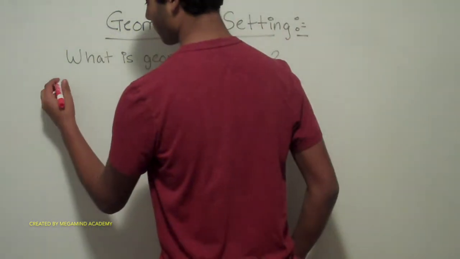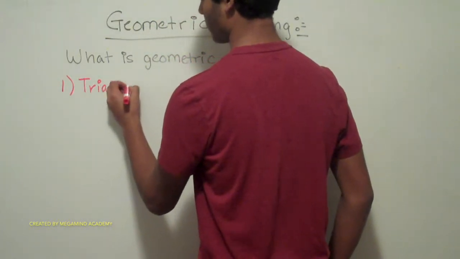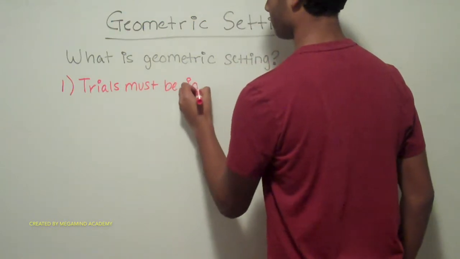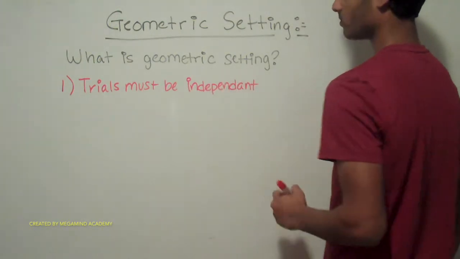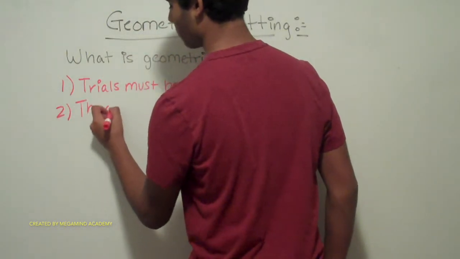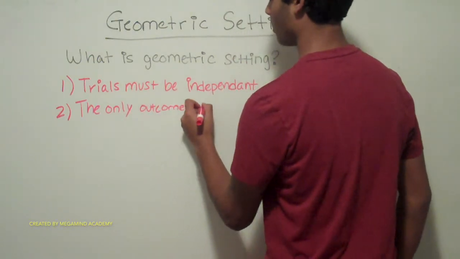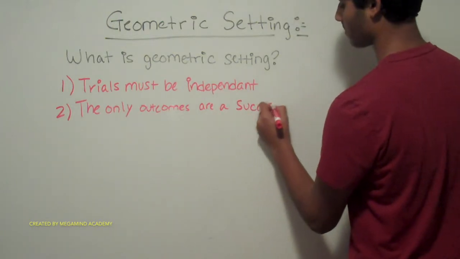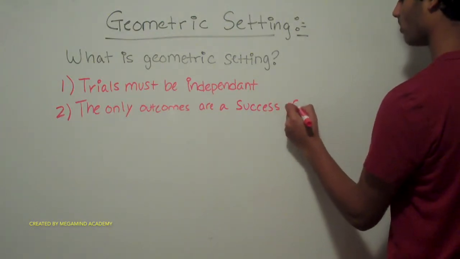The first condition is that the trials must be independent. The second one is that the only outcomes are a success or failure.